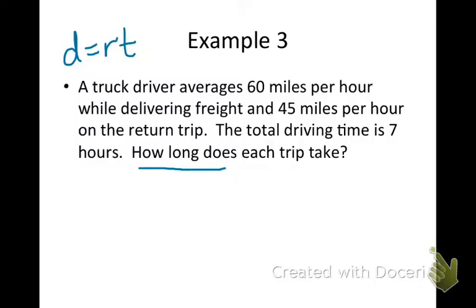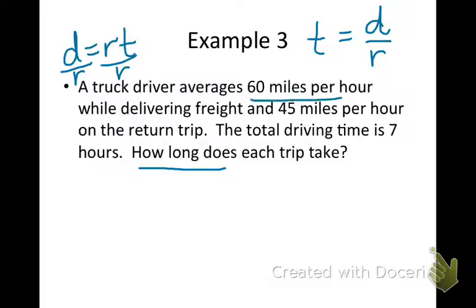So first let's rearrange the formula. We want to solve for time, so we are going to divide both sides by the rate. So we get time is equal to the distance divided by the rate. And remember in distance, rate, time problems, the speed is your rate.